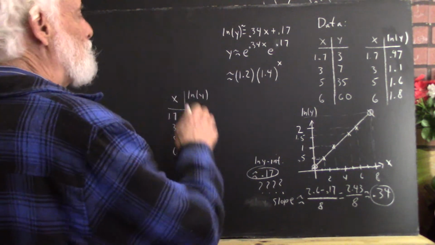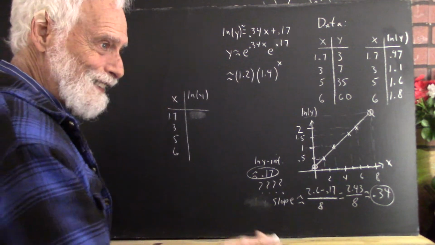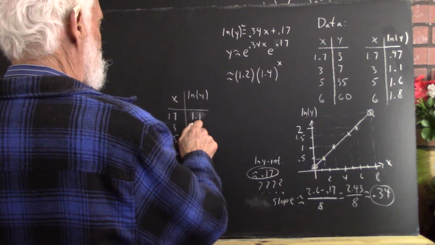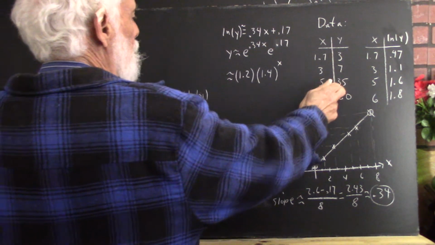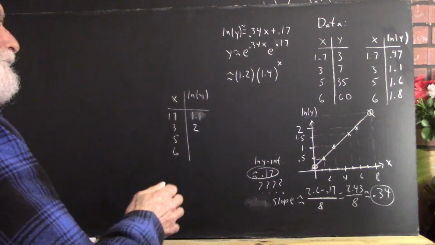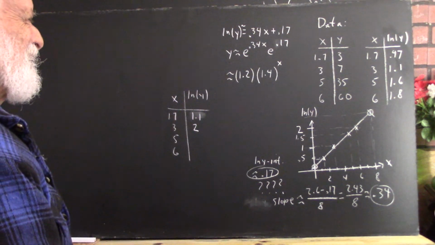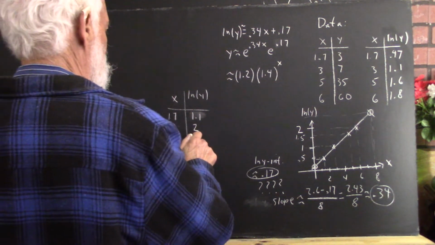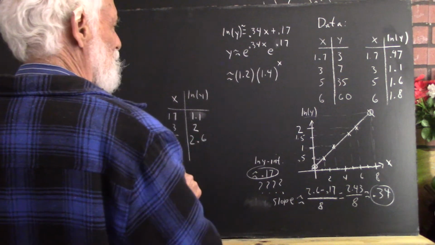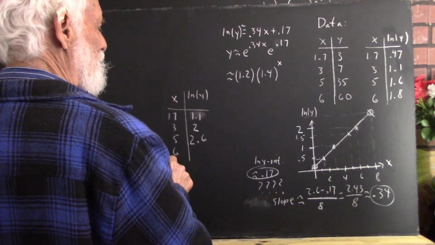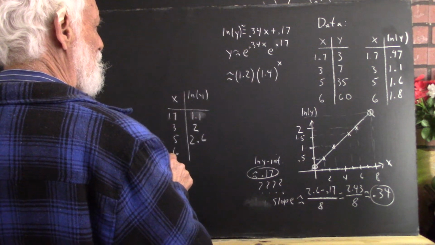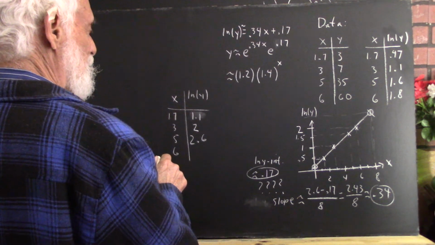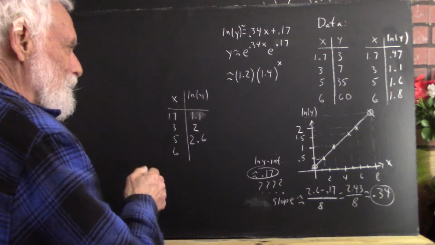No, it's not 1.7, it's 3. I'm trying to do it again. Okay, natural log of 3 is about 1.1. Natural log of 7 is about 2. Natural log of 35 is about 16. 2.6 maybe. And wait a minute.